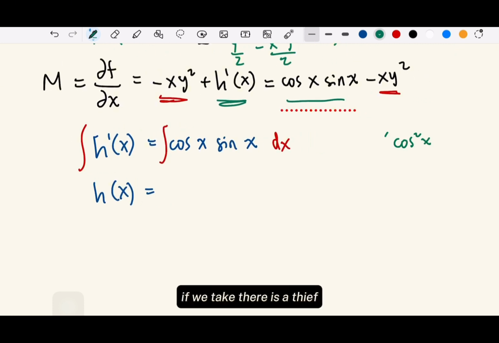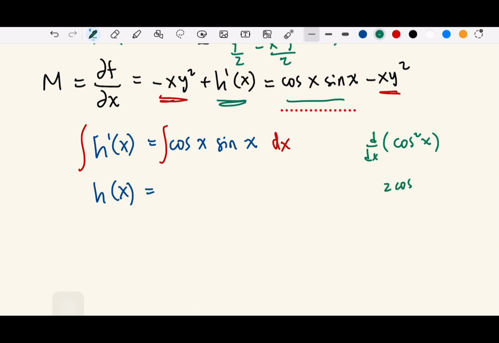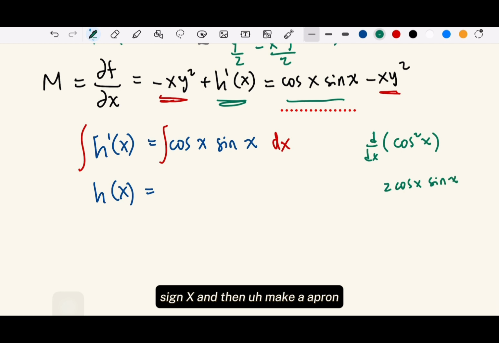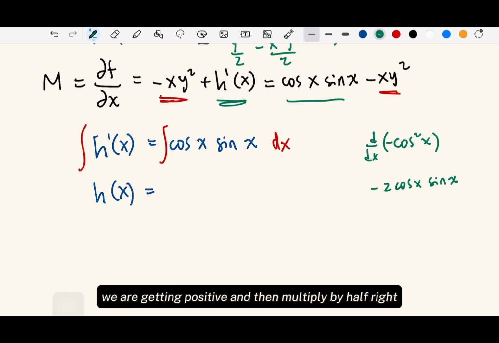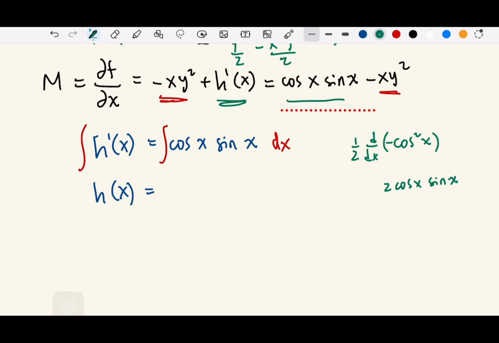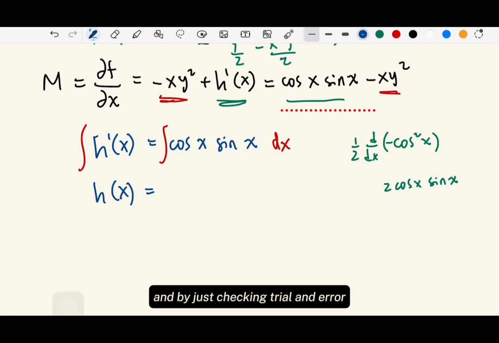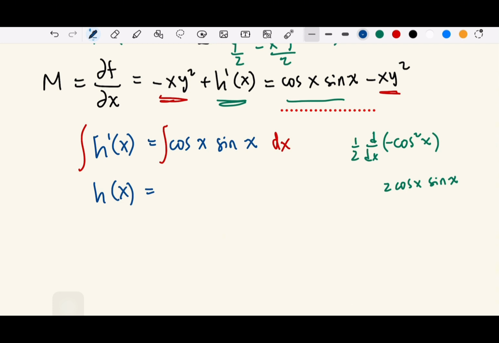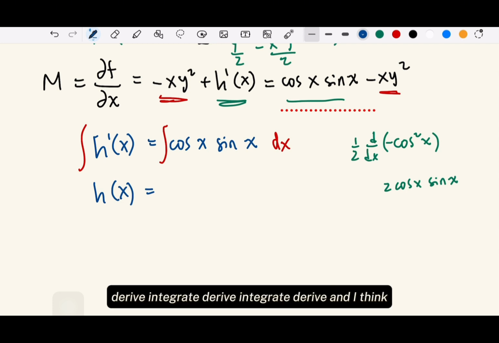If we take the derivative, we have 2 cosine x sine x and then negative, right? So if we take this negative, we are getting positive, and then multiply by half, right? And by just checking with trial and error, derive, integrate, I think you can also easily get that this is this.